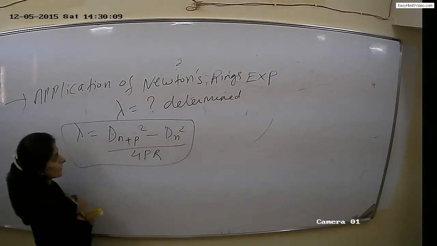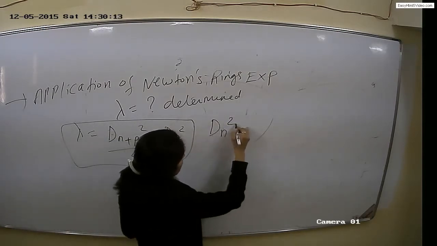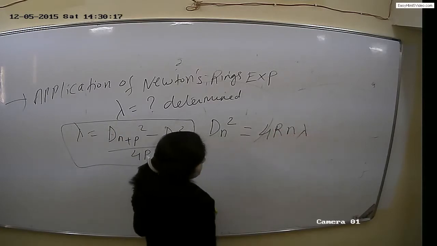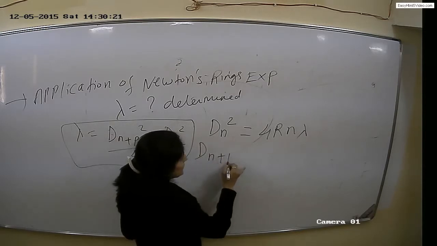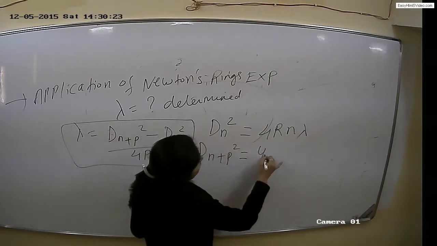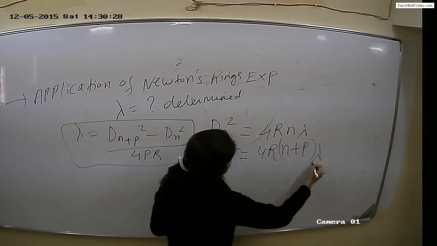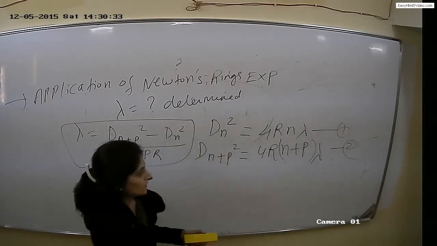To derive this formula, we know that the diameter of the dark ring, Dn square, is 4Rn lambda, and the diameter of the (n+p)th ring is D(n+p) square equals 4R(n+p) lambda. This is equation number 1, and this is equation number 2.